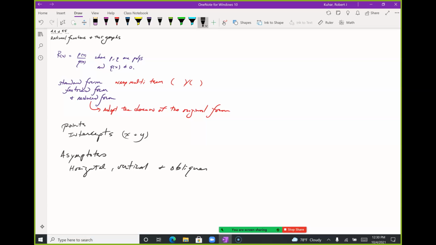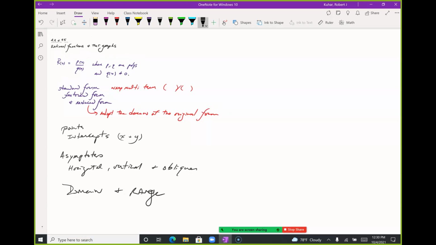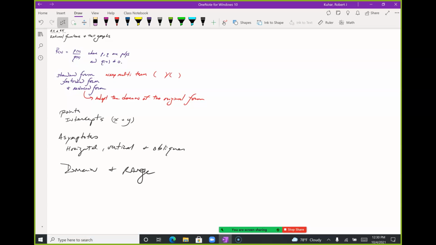Domain and range. Range right now for us is just looking at the graph and getting a range. In chapter 5, we're going to learn how to get the range from the function itself, meaning not having to look at a picture. But it's not easy, so we've got to wait a little bit.